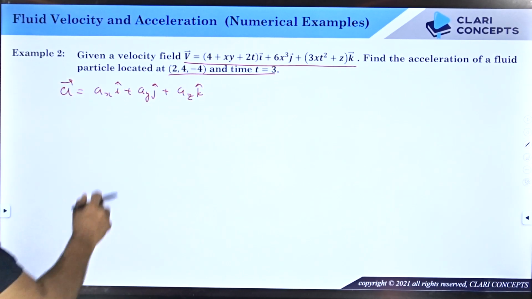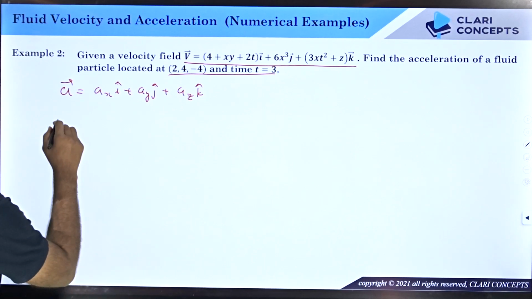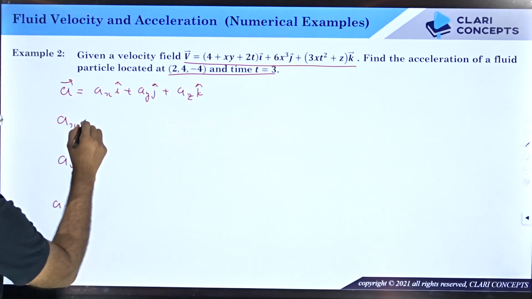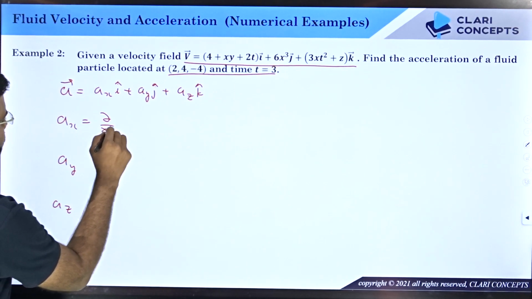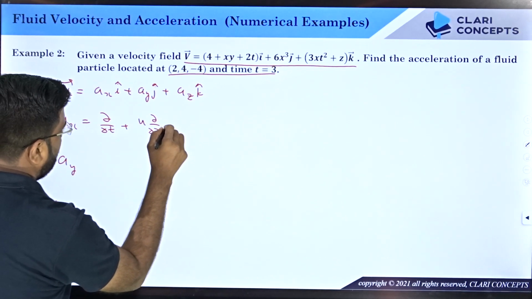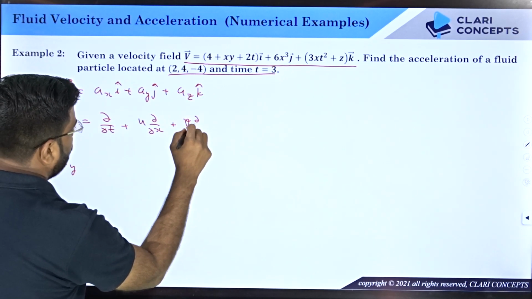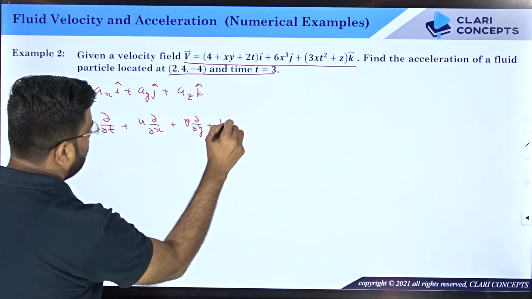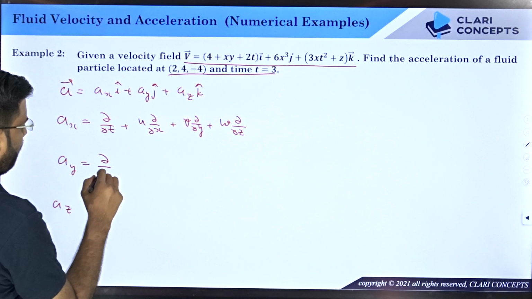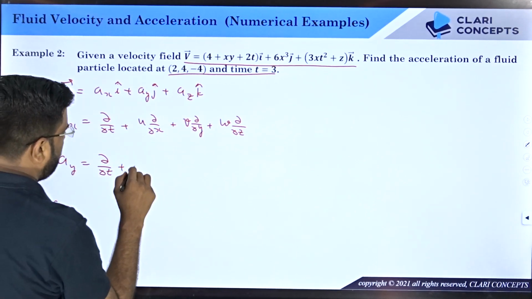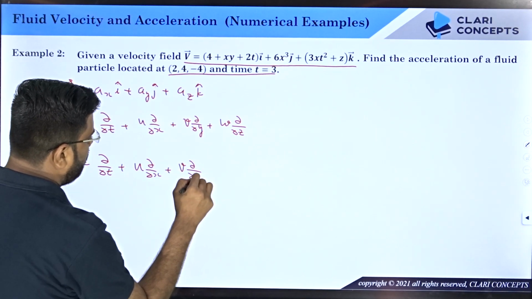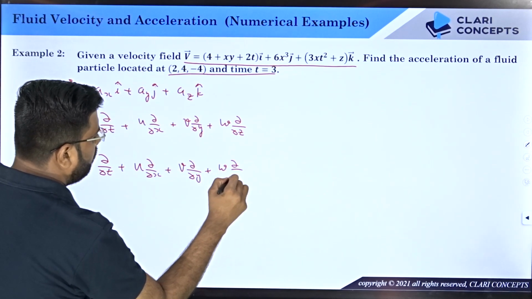So let us first figure out what ax, ay and az are. By definition, I'll put the formulas. This will be del by del t, see, I'm helping you to remember this formula, plus u del by del x plus v del by del y plus w del by del z. Similarly, you'll put the same stuff all three times: del by del t plus u del by del x plus v del by del y plus w del by del z.